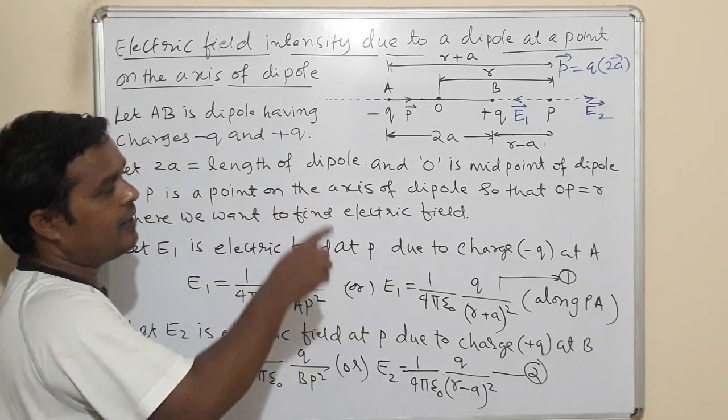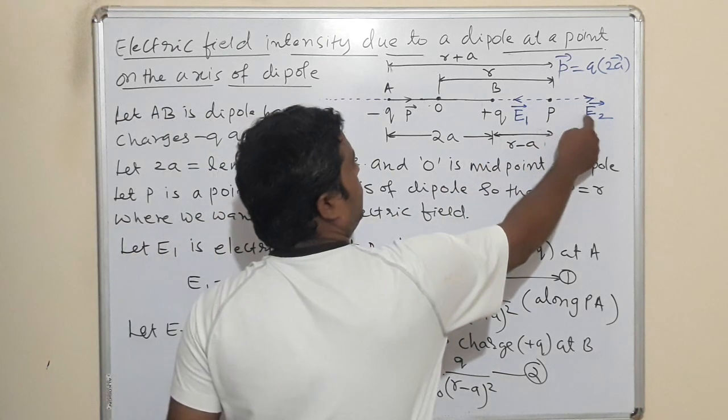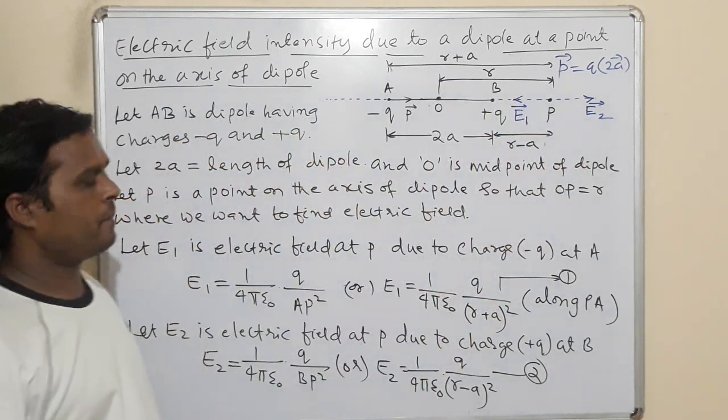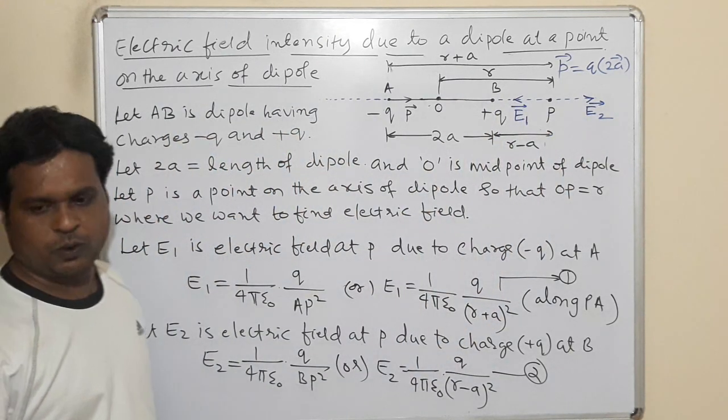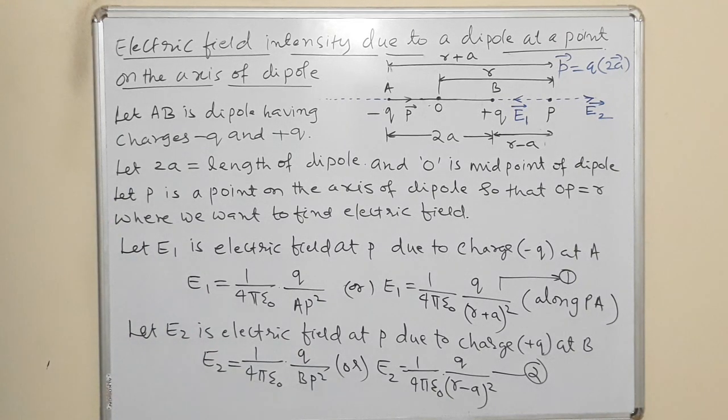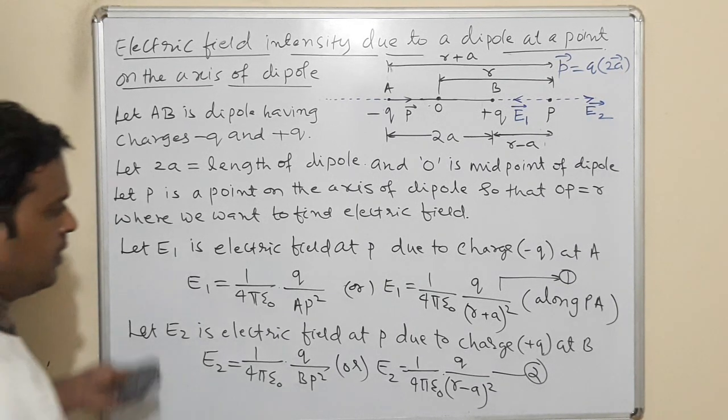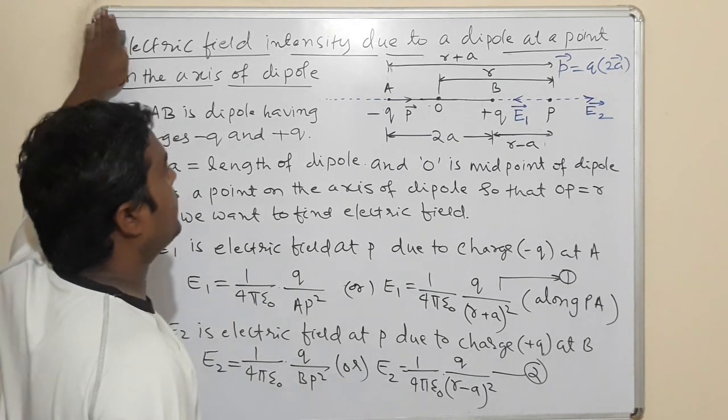Then to calculate the net field, we will take E2 minus E1. Okay? Make a note. Noted? Let us continue.